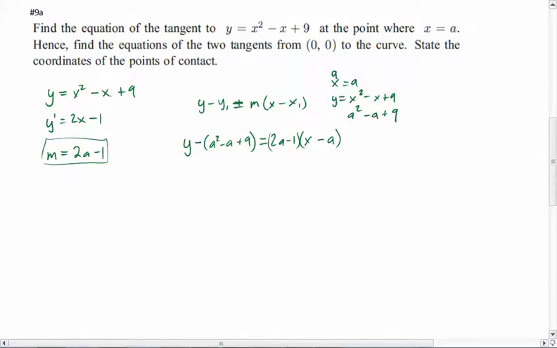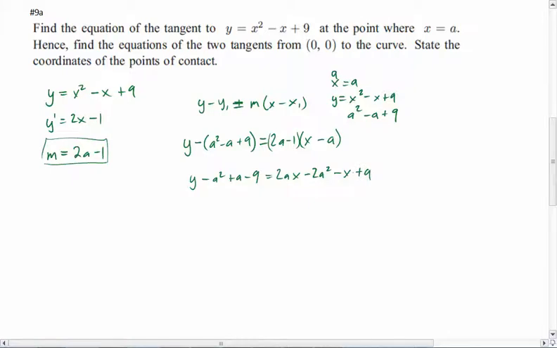So let's go ahead and get y by itself. So we're going to go y minus a squared plus a minus 9 equals 2ax minus 2a squared minus x plus a.